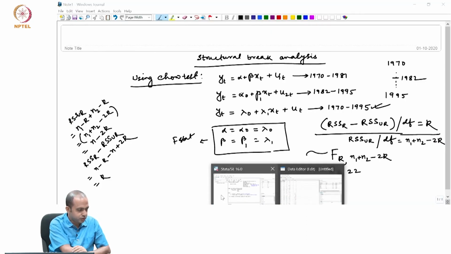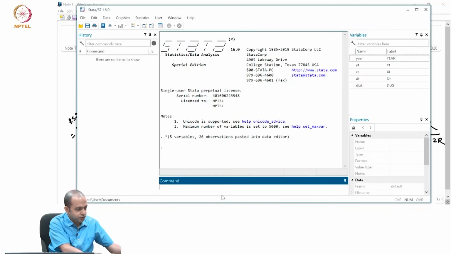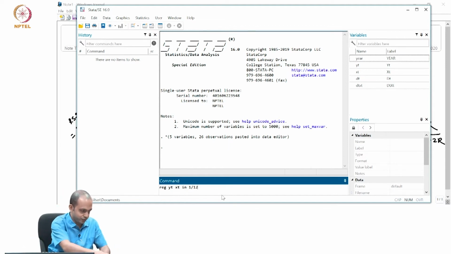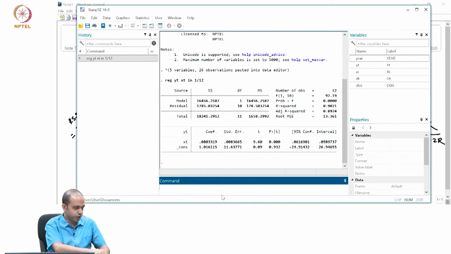Now, we will estimate reg yt xt, and we will first estimate for the first 12 observations, 1970 to 1981, there are total 12 observations.